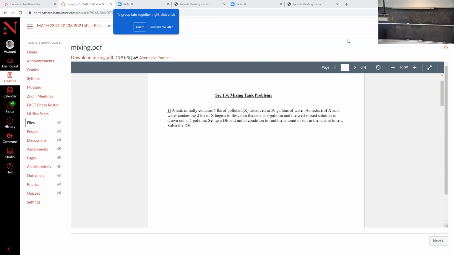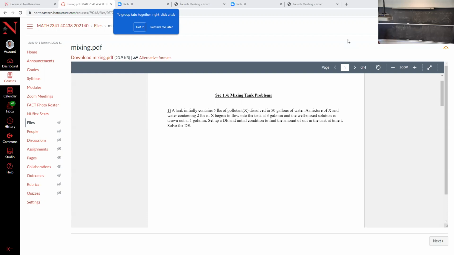Based on that story, what do you think C in is? That's the concentration of X coming in: 2. You can assume that it is per liter, or gallon, so that is 2 pounds per gallon. I know it's not explicitly given in the problem, but please assume that it is per gallon.